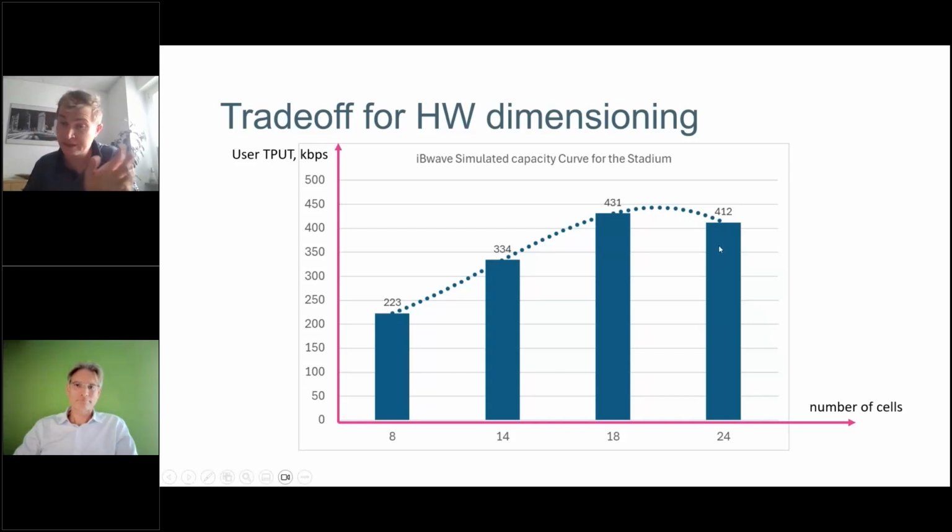And this is exactly where I'm located: between 8 and 14. Okay, I'm located between 18 and 24. Or by chance, I have deployed 36 cells. Where am I located now? Am I doing good? Maybe not. Maybe I have already passed the optimum point of 18 cells, and actually my SNR is already limited.